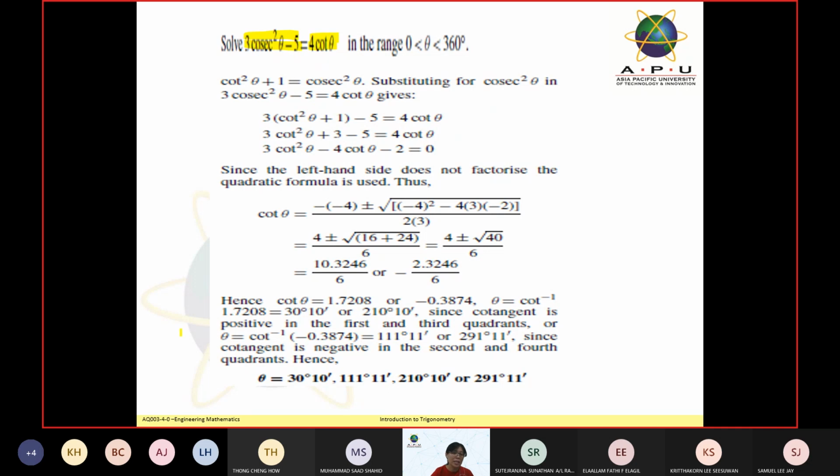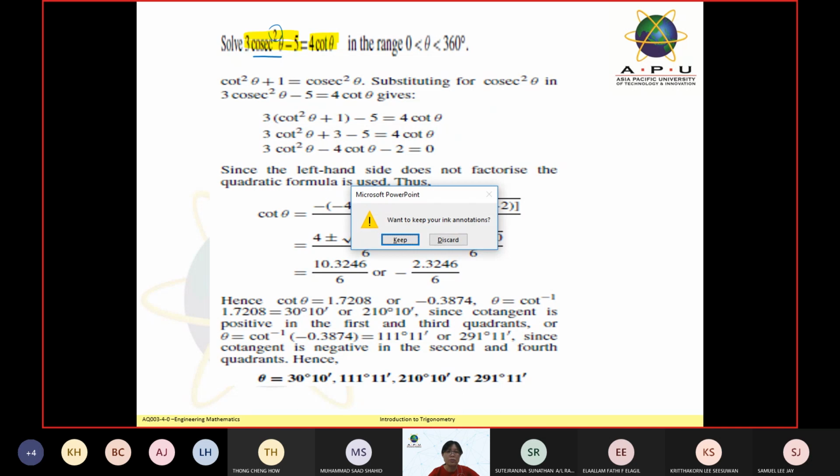What we can do is replace the cosecant square. Why replace cosecant square but not cotangent? Because we have identities about cosecant square.